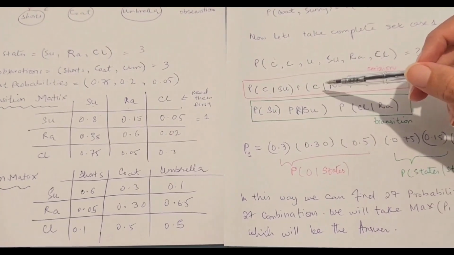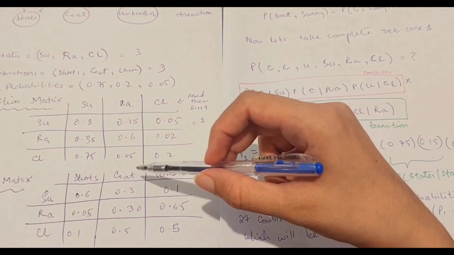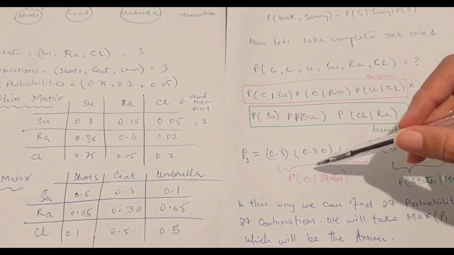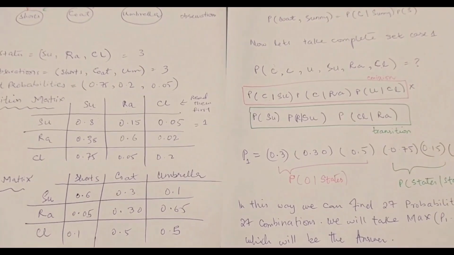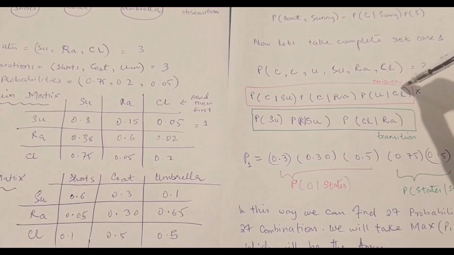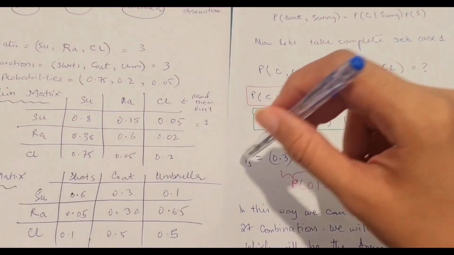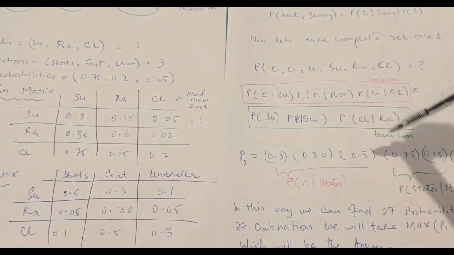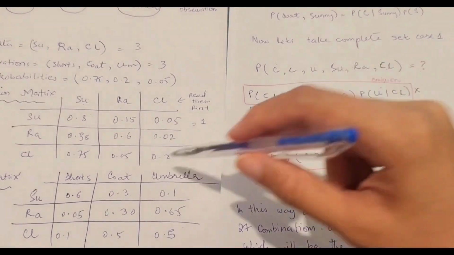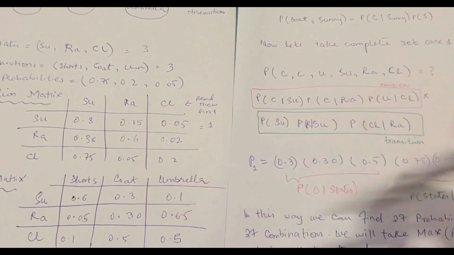Then the probability of wearing the coat such that it is rainy, we get the answer 0.30. Then the probability of carrying an umbrella such that it is cloudy comes out 0.5, so we put 0.5 over here. So the first three terms have come from the emission matrix.